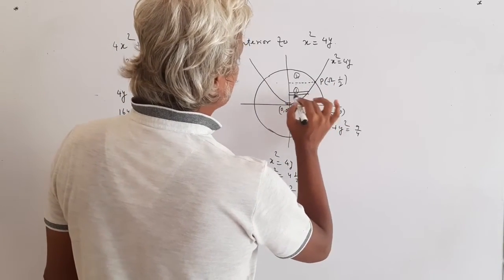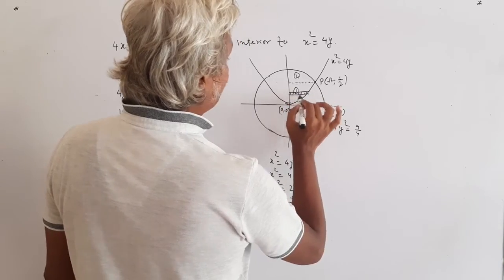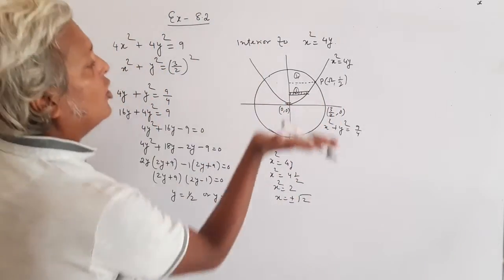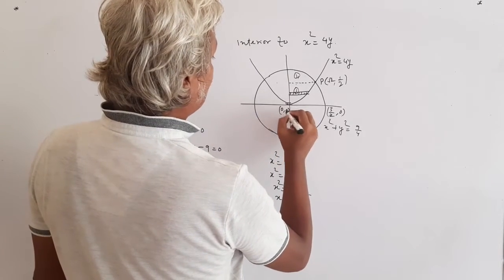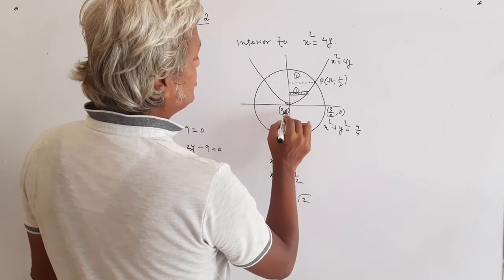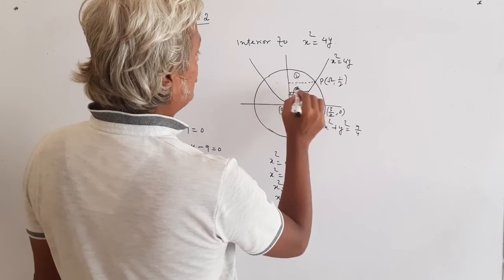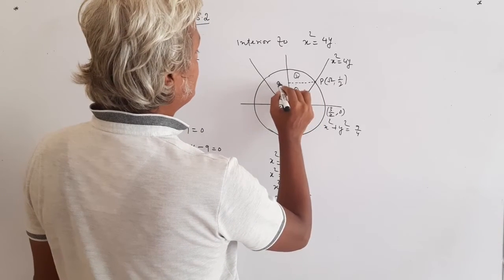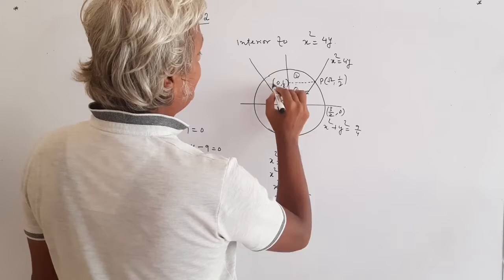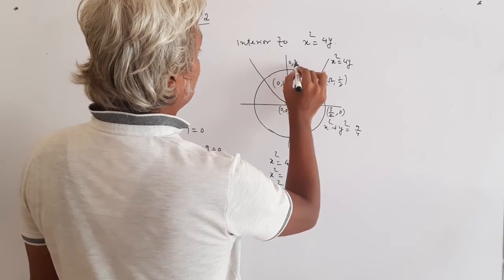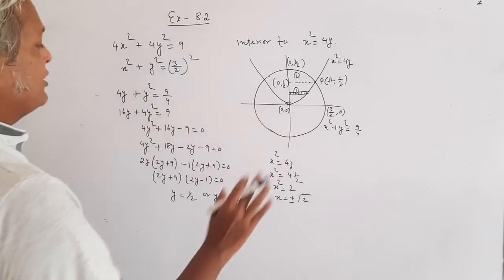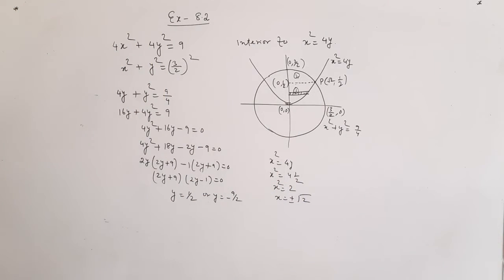It will be sweeping the given zone, moving from O, (0, 0), to this point, which is (0, half), and then from this I'll move to (0, 3/2). So my required zone now becomes clear.